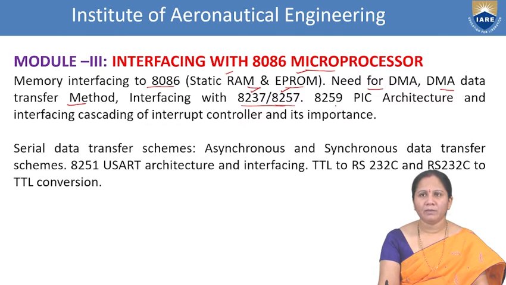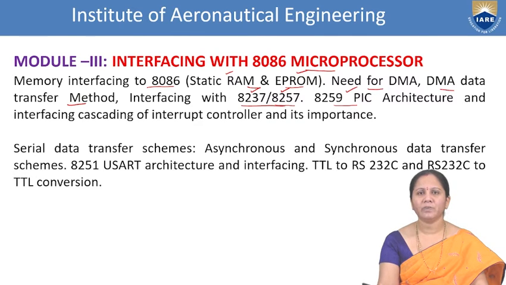Next we have covered the 8259 PIC. 8259 PIC stands for Programmable Interrupt Controller and its IC number is 8259. We have covered the pin configuration of the 8259. We have seen the architecture.